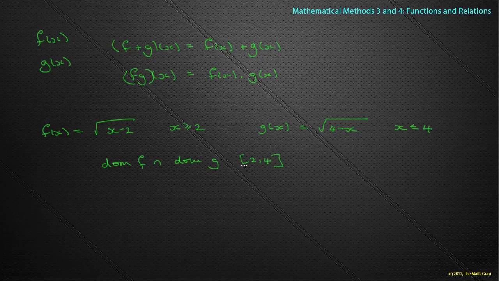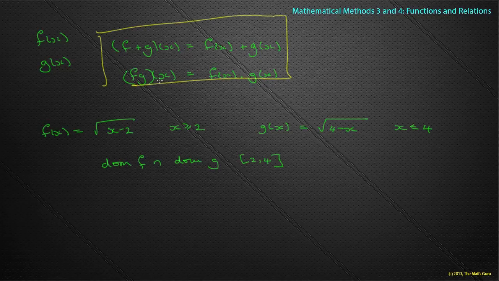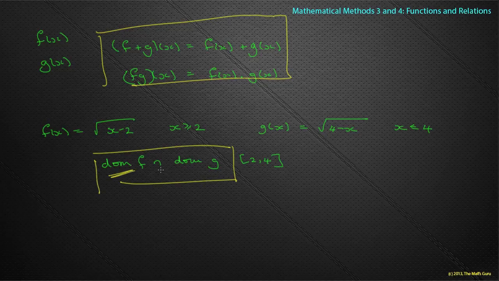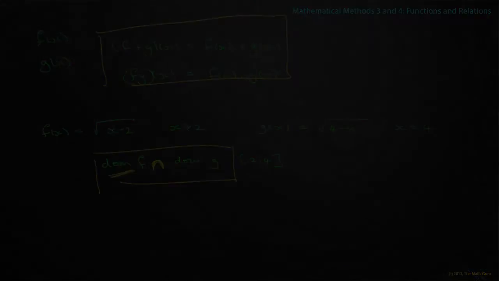Those are the only numbers that work. Nice quick example, but something that I have definitely seen in a VCE past paper. So you need to remember that when you add or multiply functions, it's only going to be valid where the domain of the first function intersects with the domain of the second function.